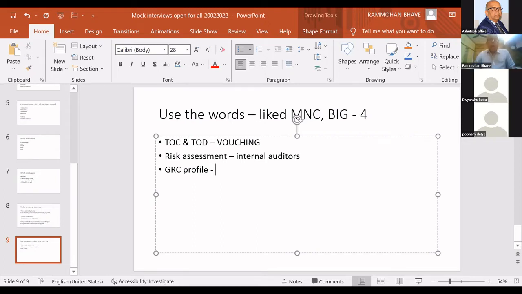Governance, regulatory and control. When we say governance, regulatory and control, I saw his designation. The designation was manager internal audit.